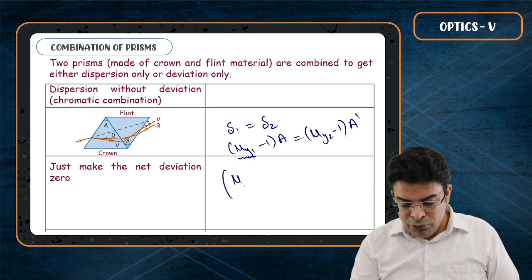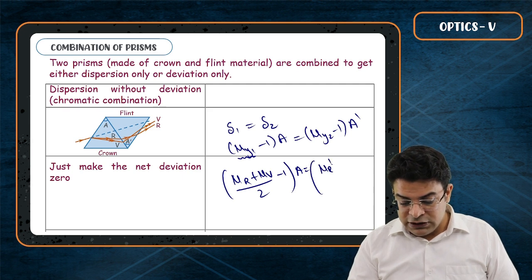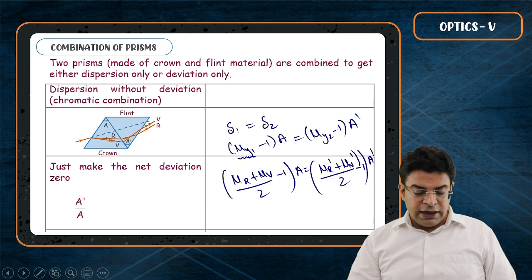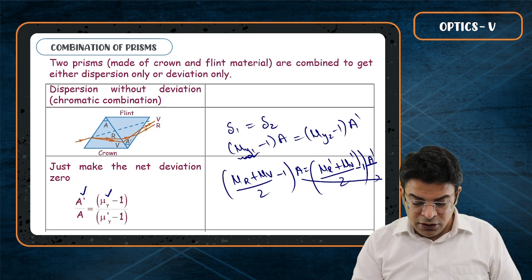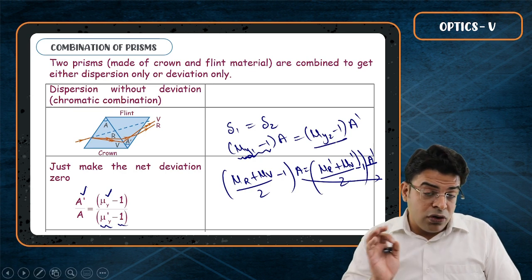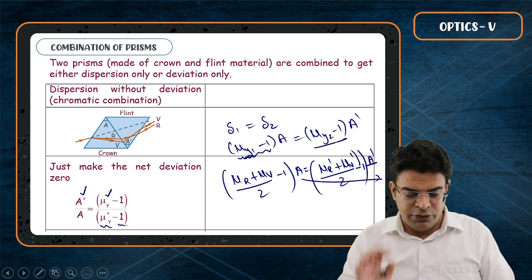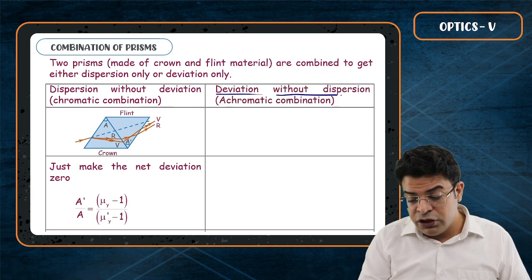So (mu r plus mu v)/2 minus 1 into A equals (mu r dash plus mu v dash)/2 minus 1 into A dash. So A dash by A equals mu yellow minus 1 for the first prism upon mu yellow minus 1 for the second prism. And if they do not give you mu yellow in the question, simply substitute mu violet plus mu red by 2 for that prism.